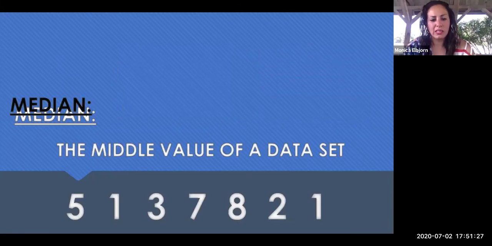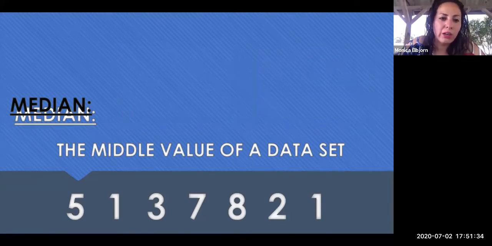So if we have this data set, 5, 1, 3, 7, 8, 2, 1, what will be our median, or our middle value of this data set?